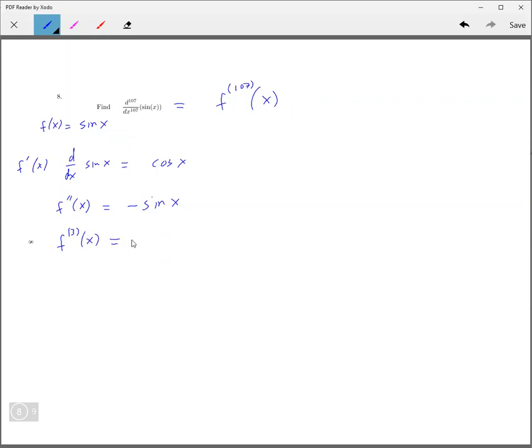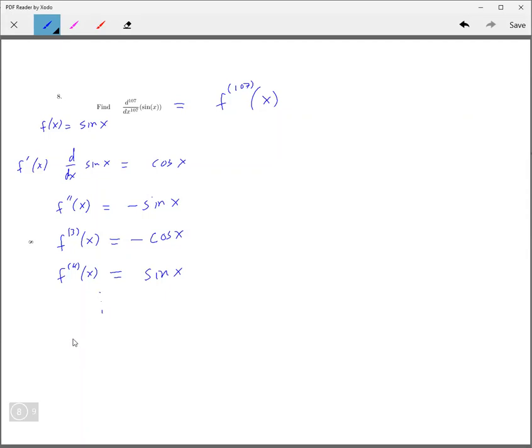Okay, derivative of sine is cosine, so that's negative cosine. And then we have the fourth derivative. The derivative of cosine is negative sine, but there's a negative there, so that's going to be positive sine x. And so the interesting thing is we're back at sine x. So after 4 derivatives, we're back at sine x.